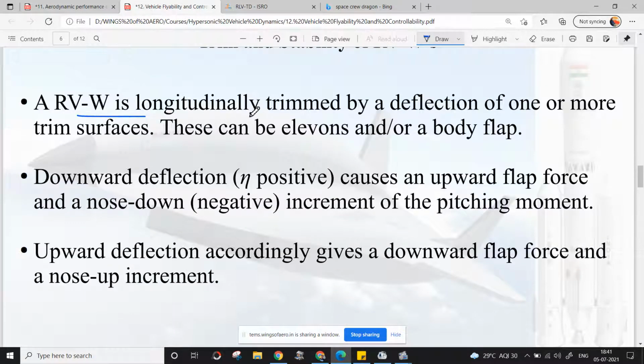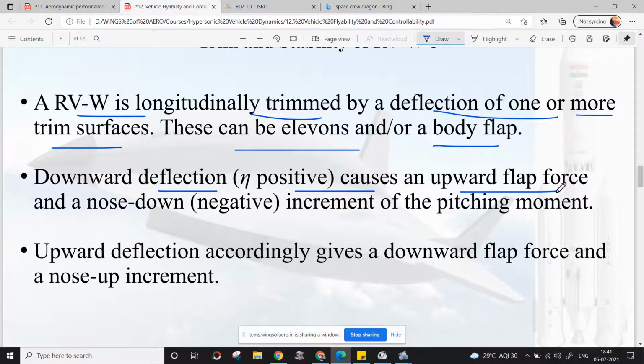So the RLV is longitudinally trimmed by the deflection of one or more trim surfaces. Those can be elevons or the body flap, right? We are very much aware of that. Downward deflection, eta positive, causes an upward flap force and a nose-down increment of pitching moment.